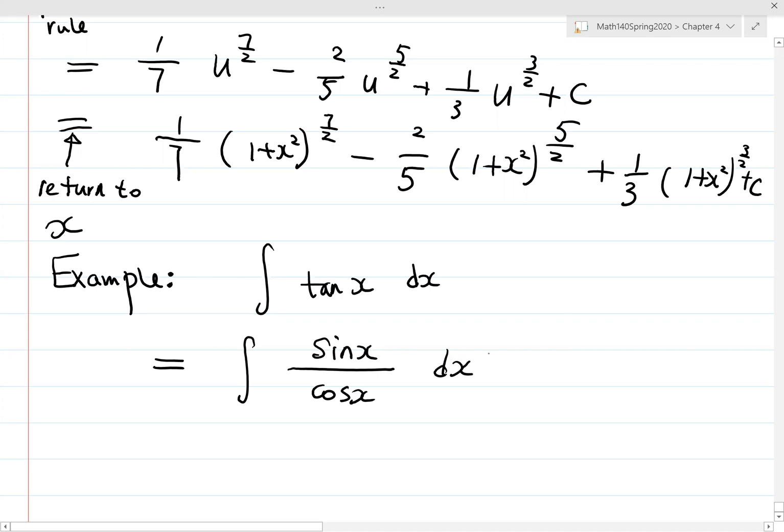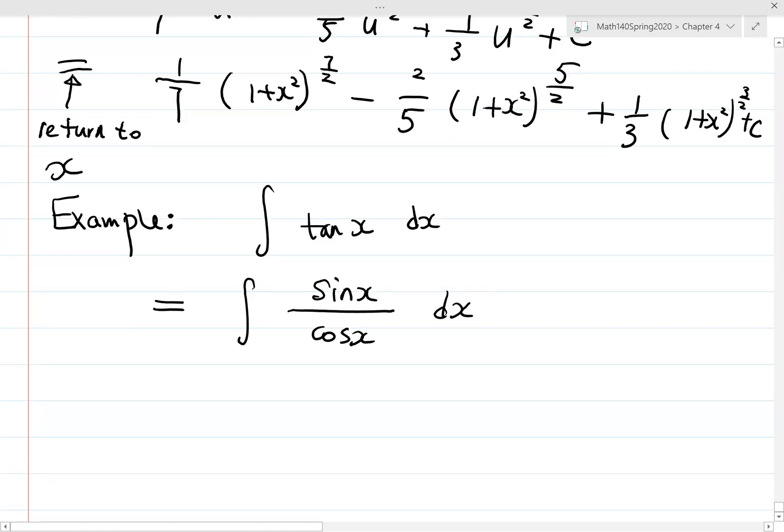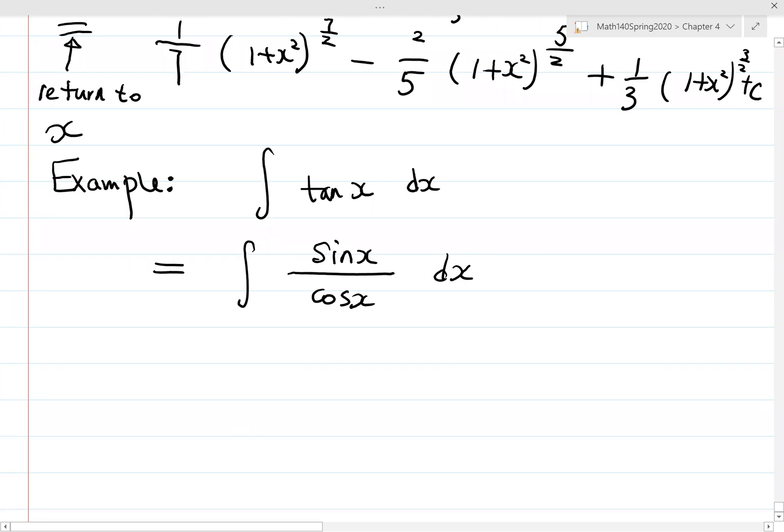Now we use substitution. Once we have a fraction, what we usually substitute is either the denominator or the numerator. Here we substitute the denominator.